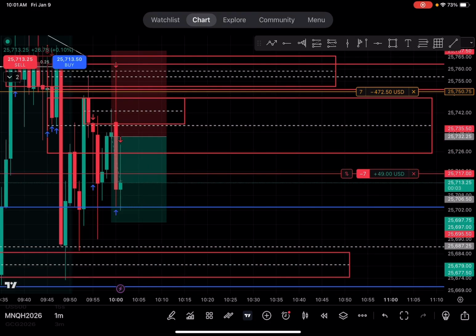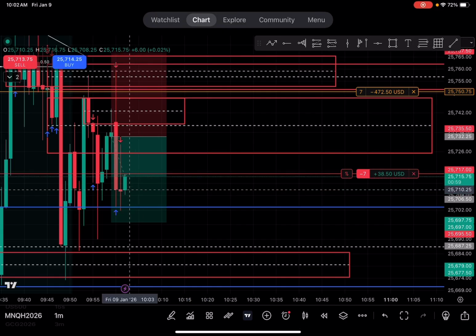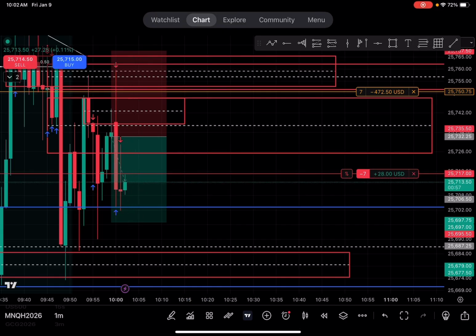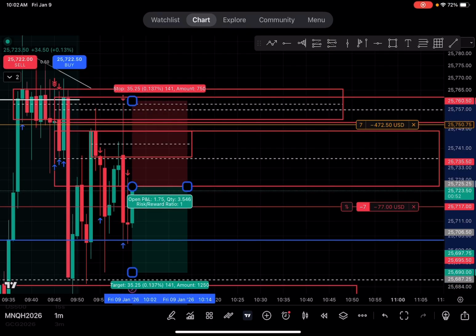It's trying to target this 3 minute. This will be the external 3 minute. So if we look to enter the external 3 minute, let's see.